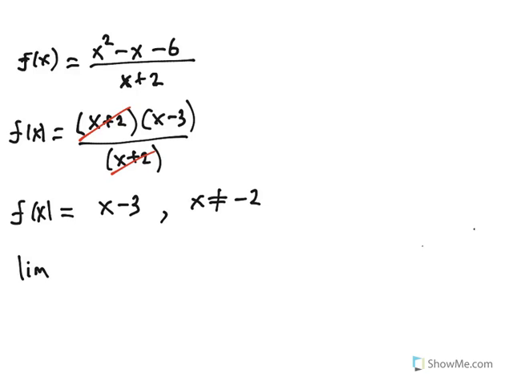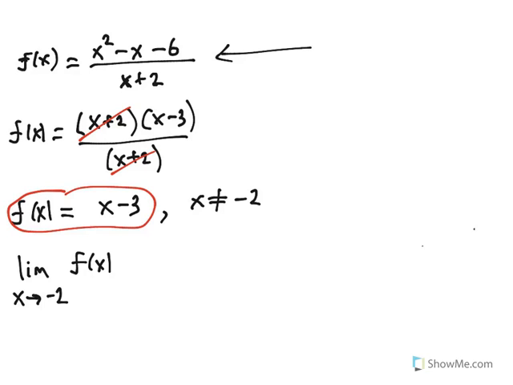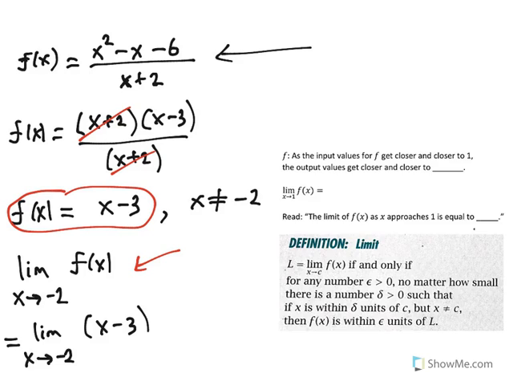So now we're able to take the limit of f of x as x approaches negative 2, and this is our function f of x, but we may replace it with the simplified version of f of x for the purpose of taking the limit as x approaches negative 2.